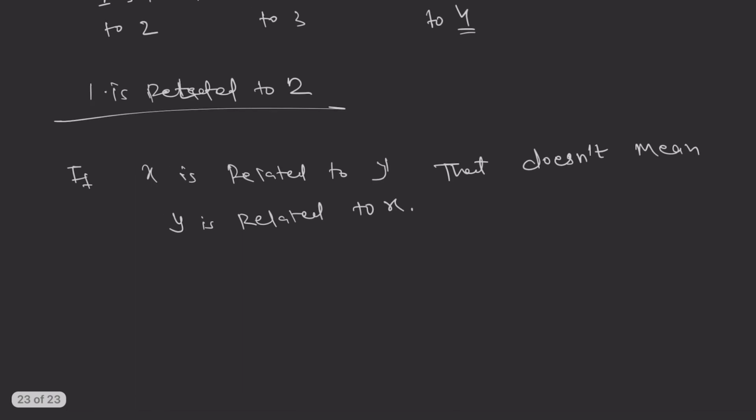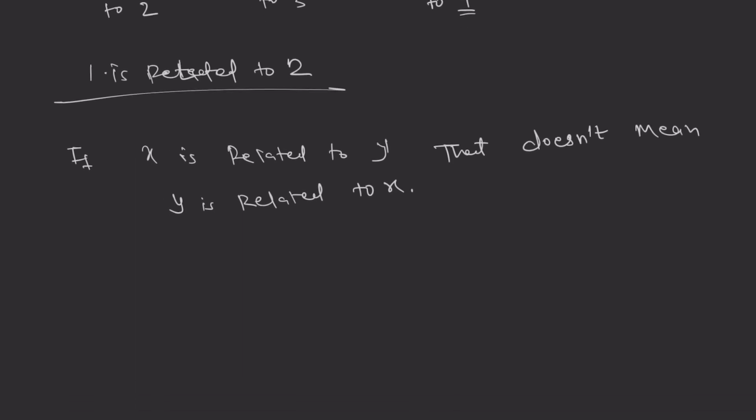Can anybody give an example? So we'll look at an example. Say x is a husband of y. This is the relation I defined. x will be related to y if x is a husband of y.